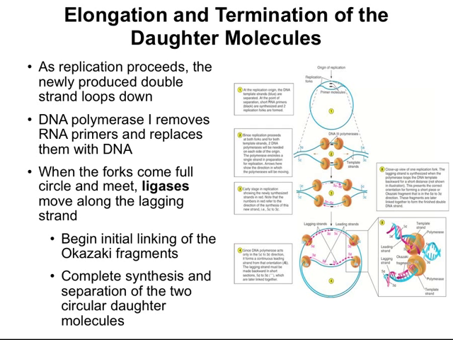When the forks come to a full circle and meet, enzymes called ligases move along the lagging strand to connect those Okazaki fragments. In addition, these ligases will complete the synthesis and separation of the two circular daughter molecules. So now we have two circular daughter molecules to move into the new daughter cells.